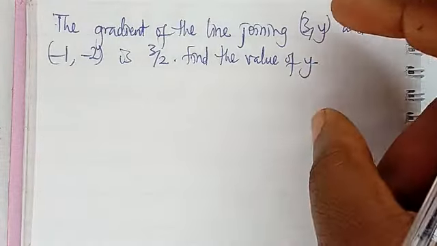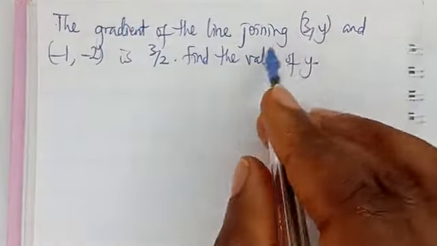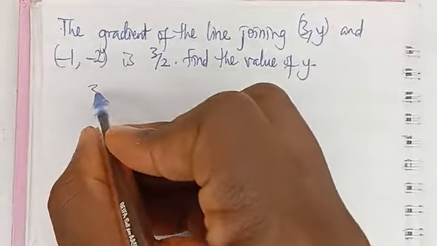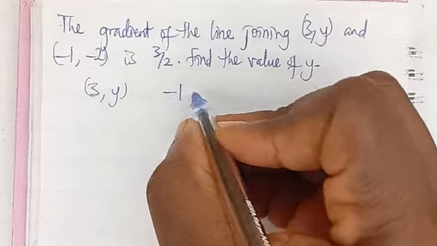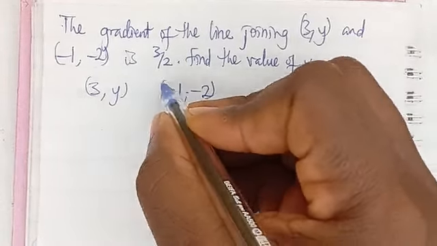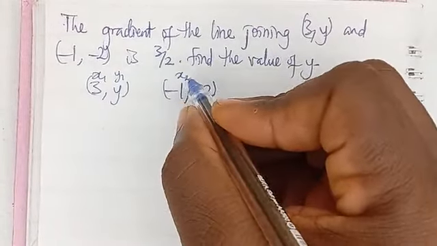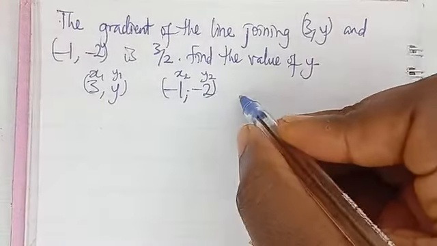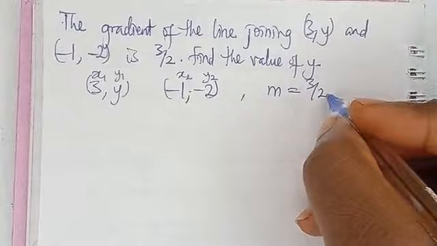The first thing we have to do is to write out the parameters. So this is the first coordinate point, (3, y), and the second one is (-1, -2), and then we have x1, y1, x2, y2. And of course, we've been given that the gradient is equal to 3 over 2.